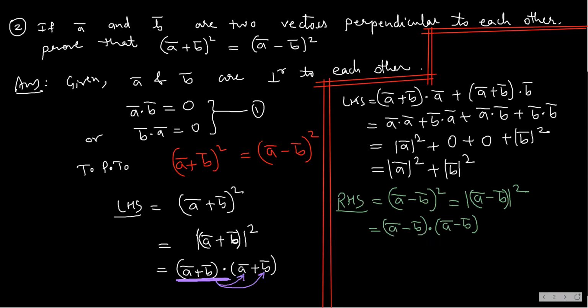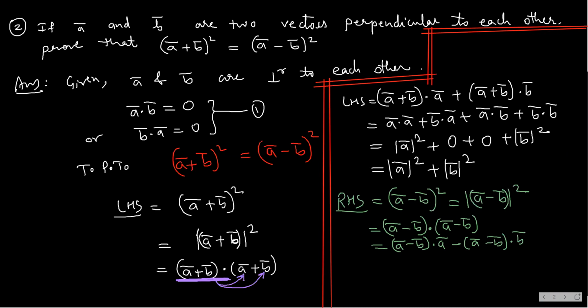So I shall get here a bar minus b bar dot a bar minus a bar minus b bar dot b bar. Now distribute from the right. So what do I get?